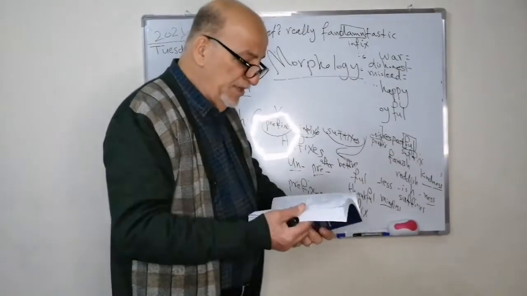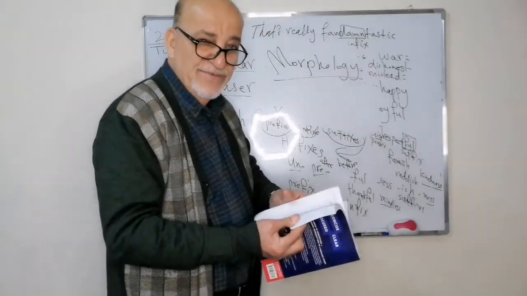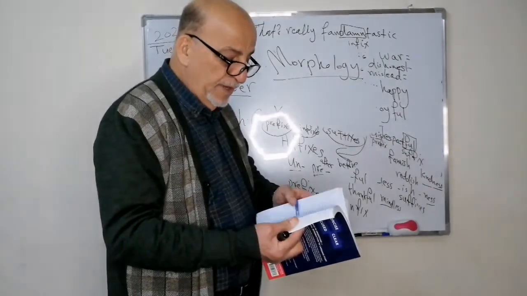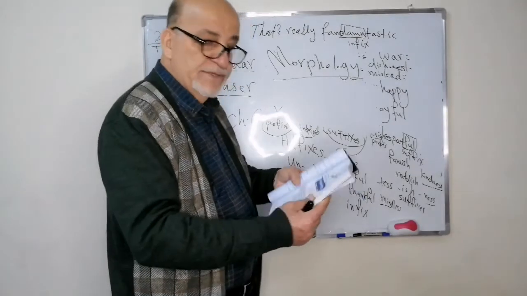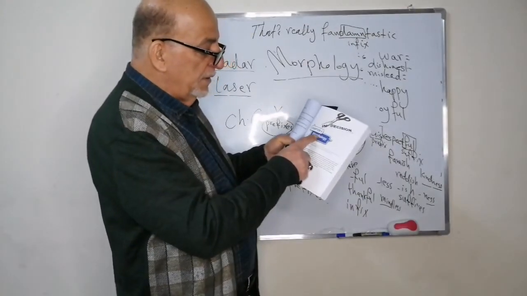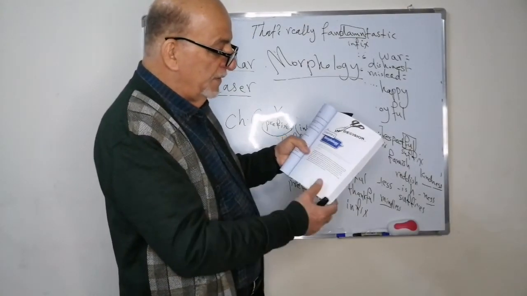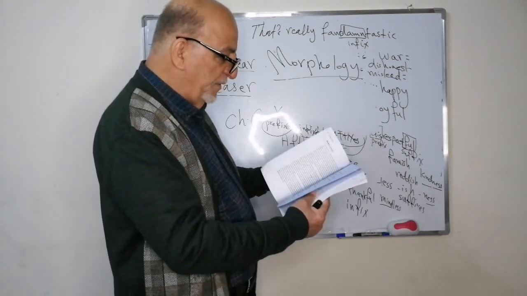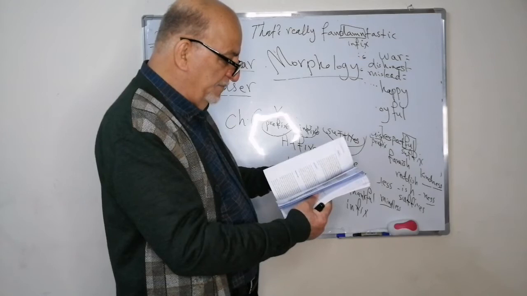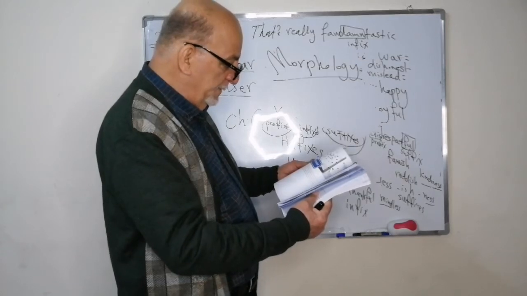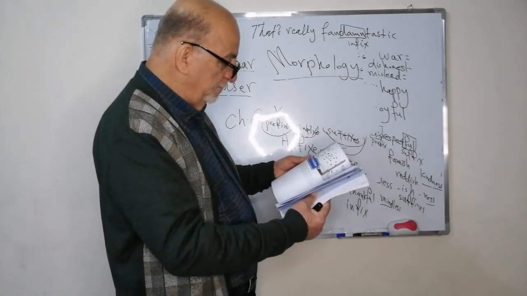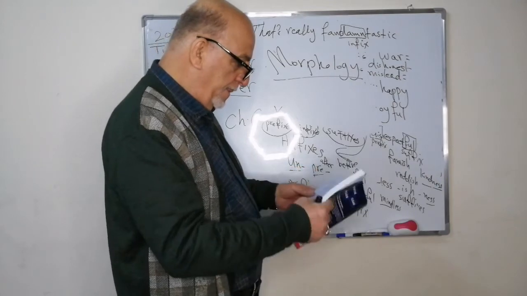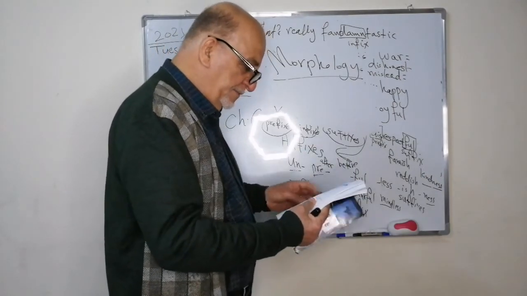Morphology. What is the meaning of morphology? We find the definition of morphology, which is the title of chapter 6. You see, perhaps, I think there is a relationship here.